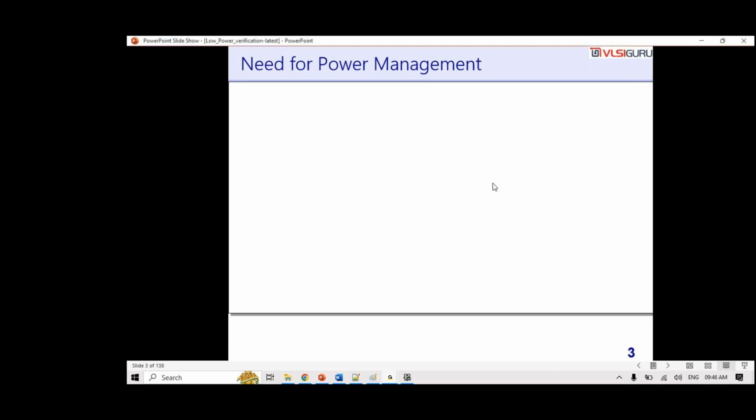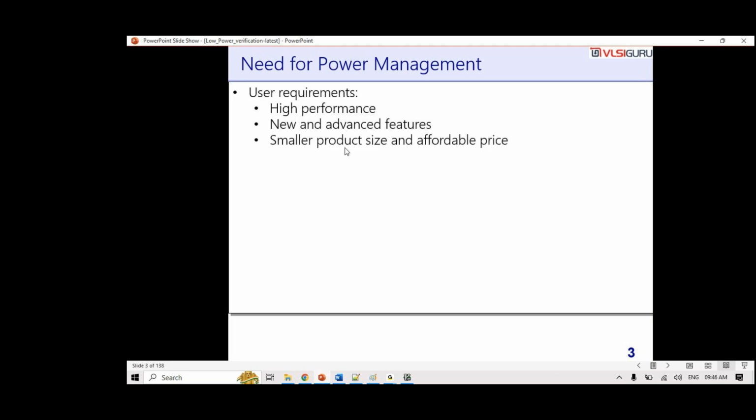In that context, what are the typical user requirements whenever you are looking to purchase any electronic product? You look for high performance, you look for some advanced features, you look for smaller product size and affordable price, better battery life. These things are what will actually lead to more power consumption also.